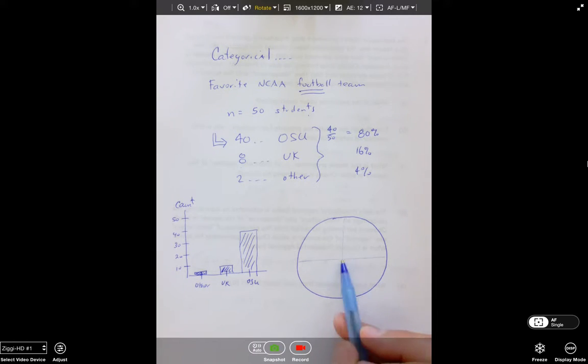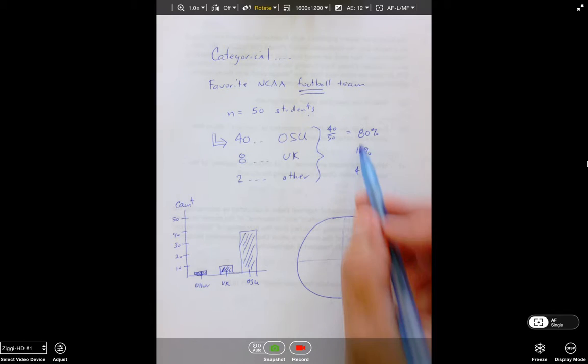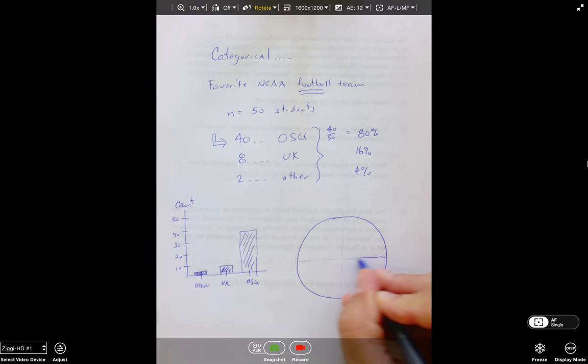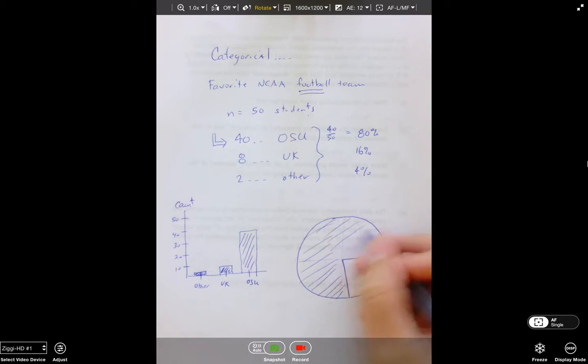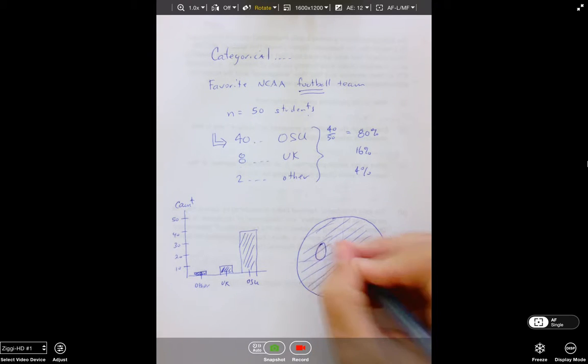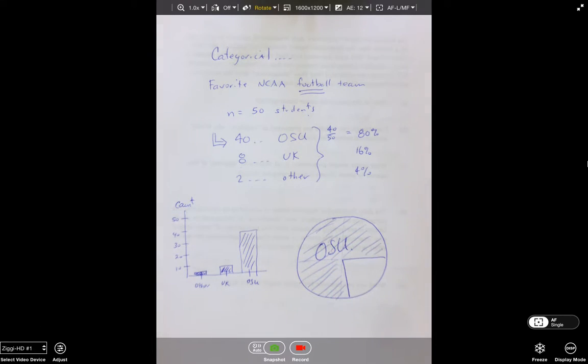So I know 3 of these is going to be 75%. I need more than that. So Ohio State, and of the remaining 20%, most of that's going to be UK. And this is the other schools.